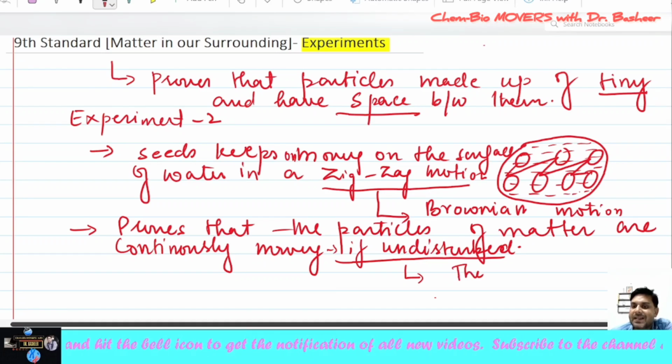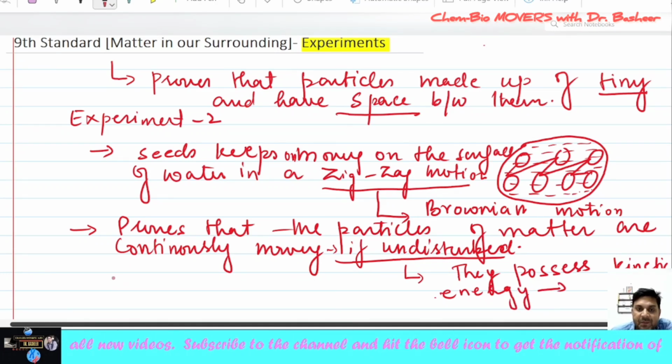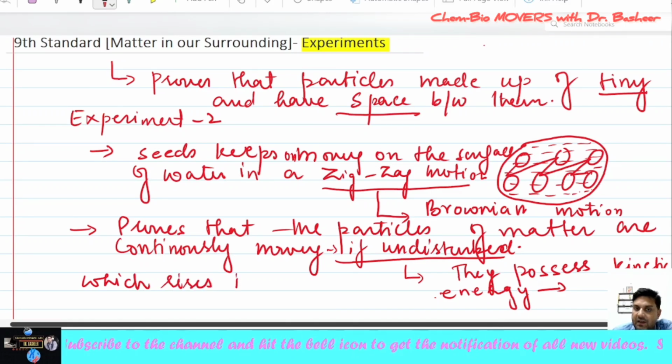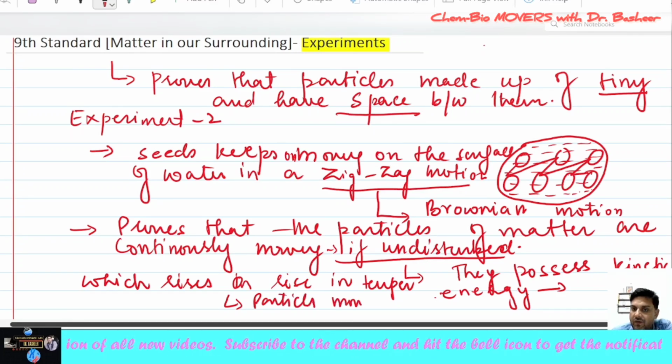Because they possess kinetic energy, which rises on rise in temperature. So rise in temperature means particles move faster.